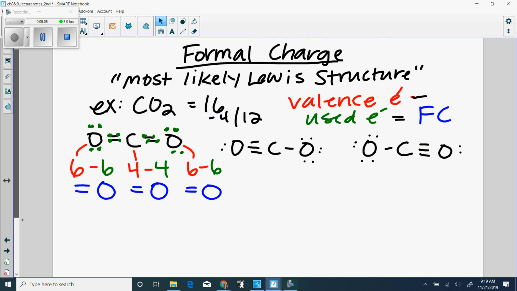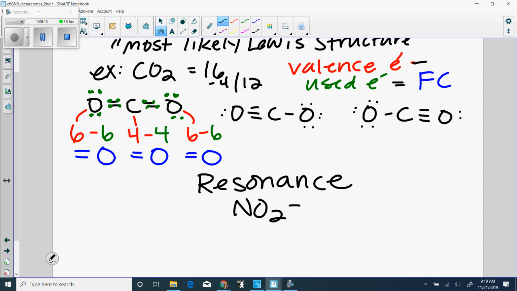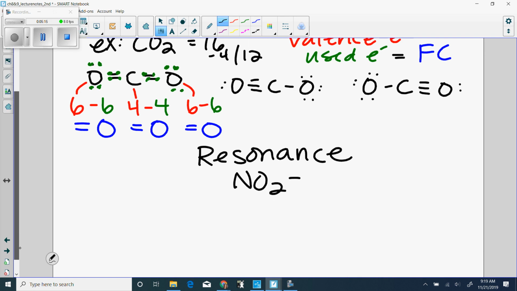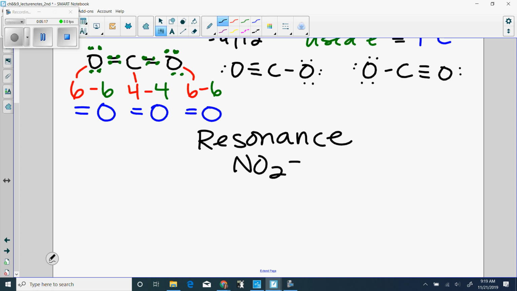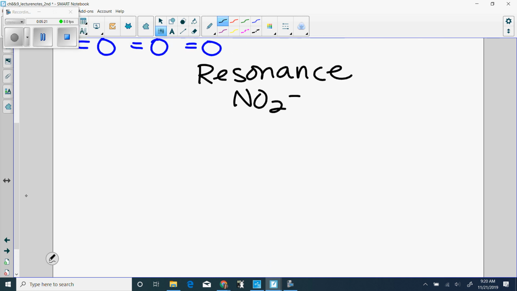Now to talk about resonance. You've seen this before. Let's do it with NO2 minus. So nitrogen is 5 plus 6 times 2 plus 1.